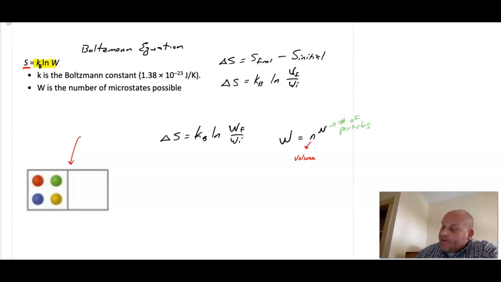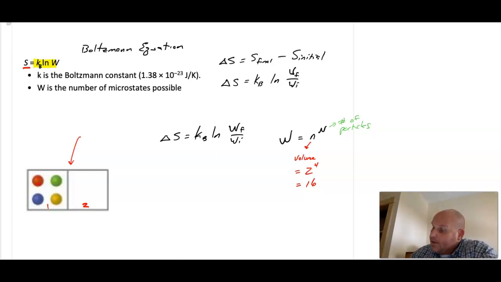Okay, so if we think about that with regards to the scenario that we walked through qualitatively a second ago, we have two possible spaces, 1 and 2, and we have 4 possible particles. So we would get a value here of 16. Again, that would be with regard to this particular equation.